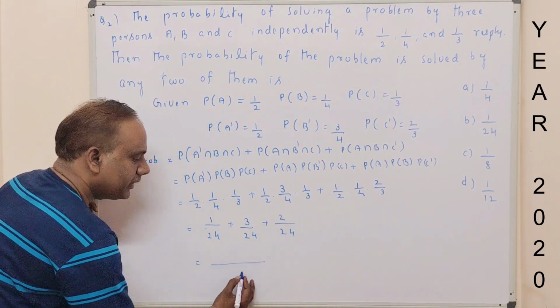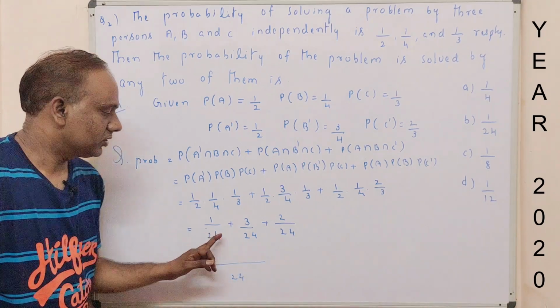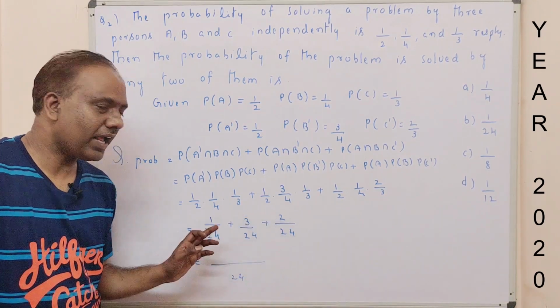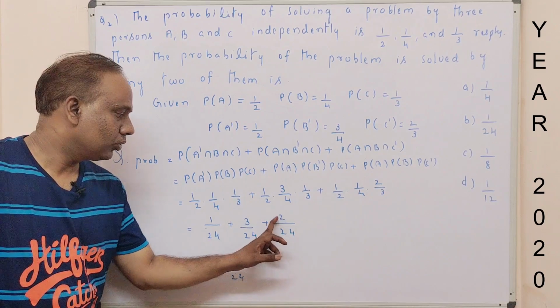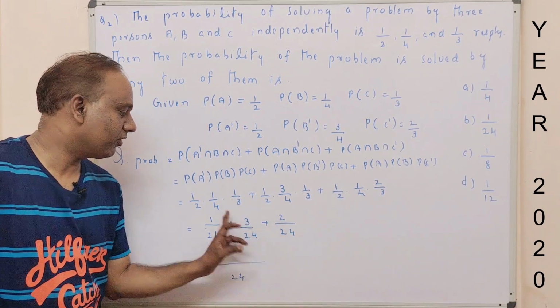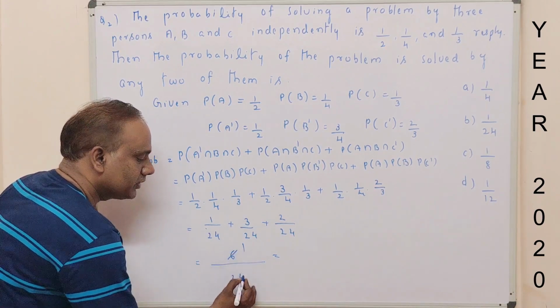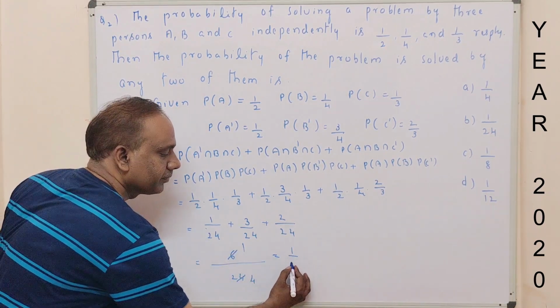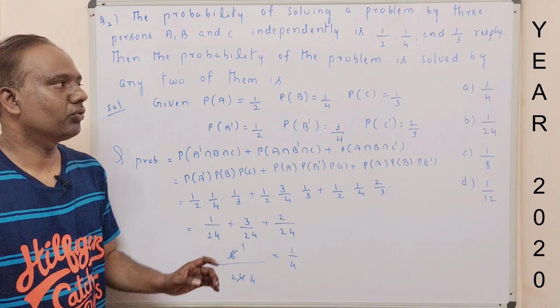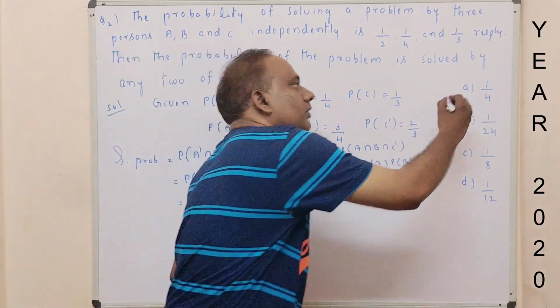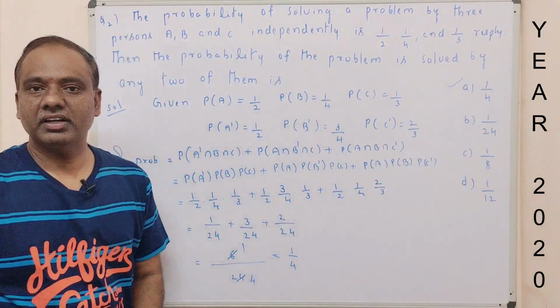So here LCM is 24. So it is the same now, so you can add the numerators directly. 2 plus 3, 5, 5 plus 1, 6. So it is 6 by 24, and 6 fours are 24. So 1 by 4. So here option A is the correct answer.